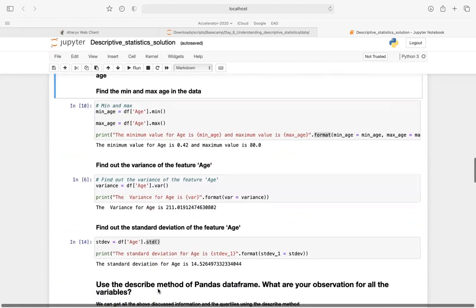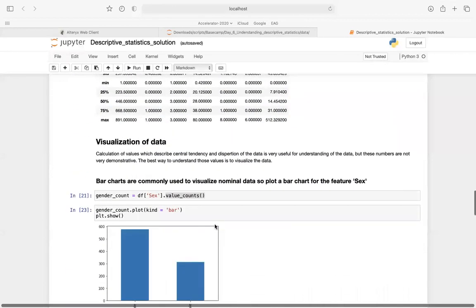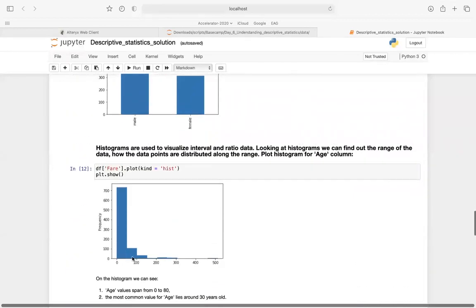Then we talked about the describe function, which more or less tells you the 5-point or the 7-point statistical summary of every numerical column. And then we talked about the importance of histograms, which helps us understand the distribution of data, but visually.